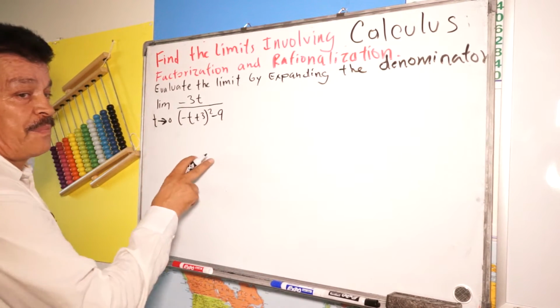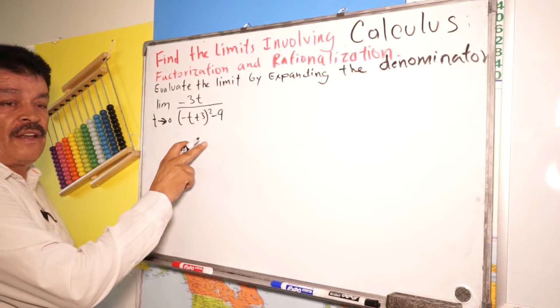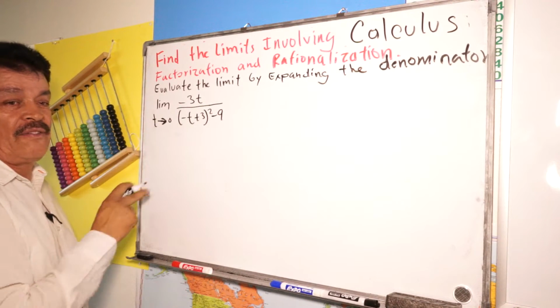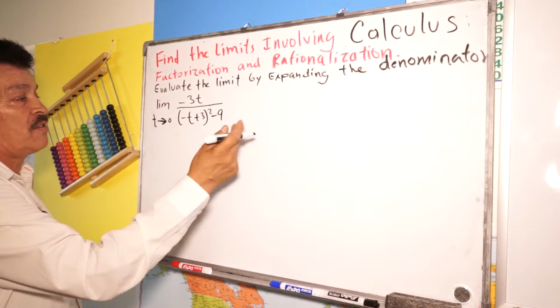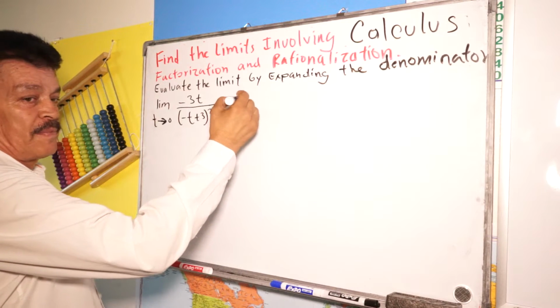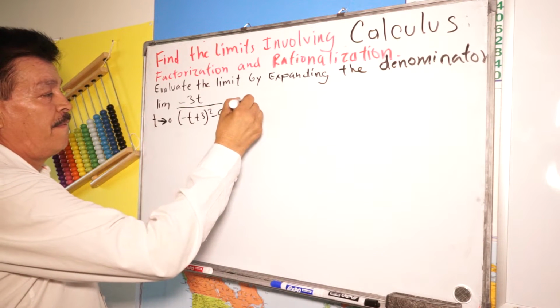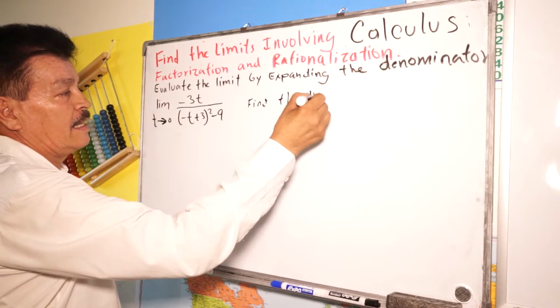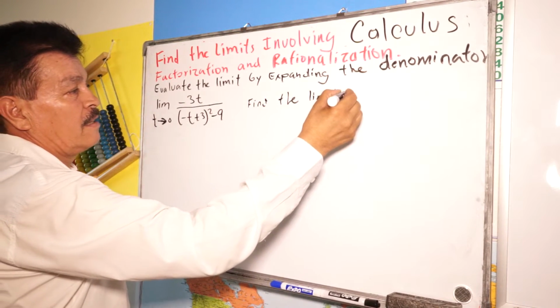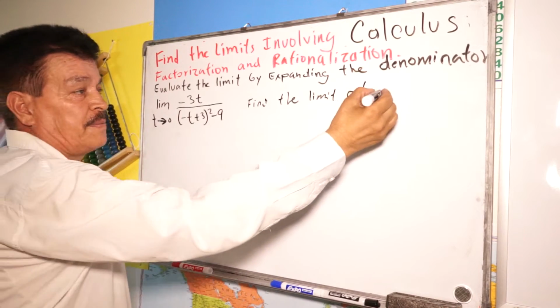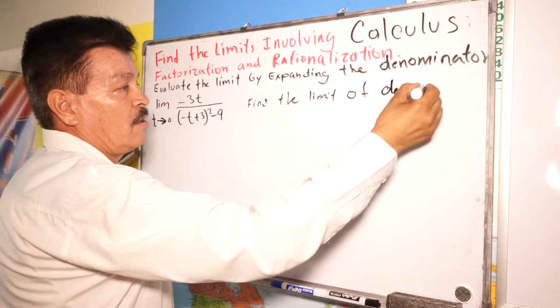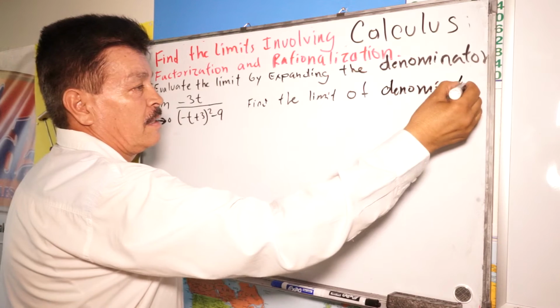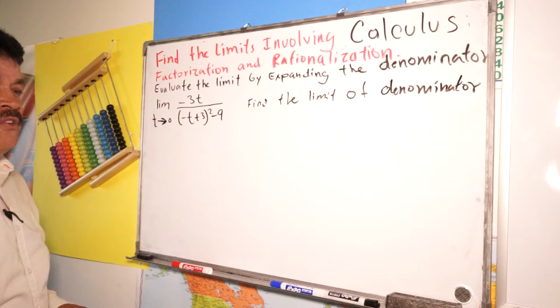Now find the limit of the denominator first. All right, this is the first step.